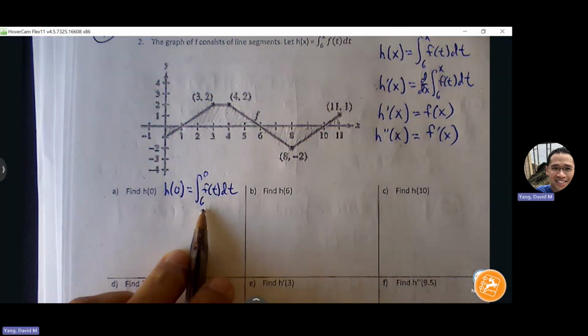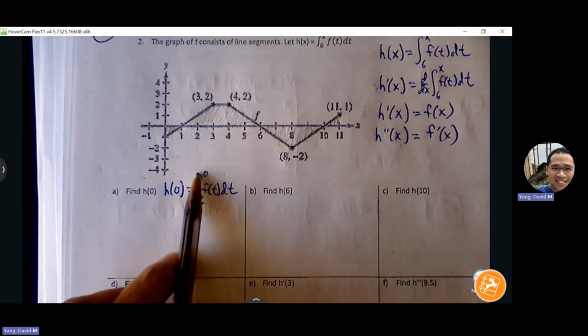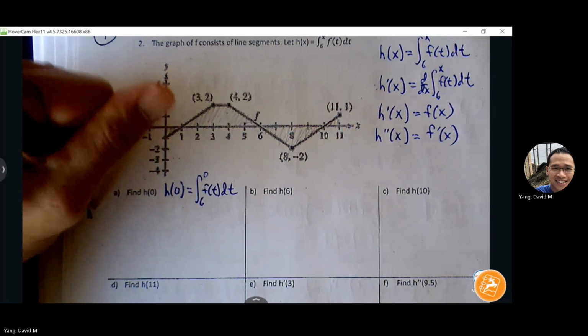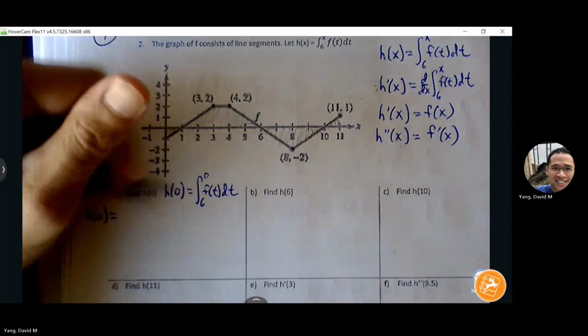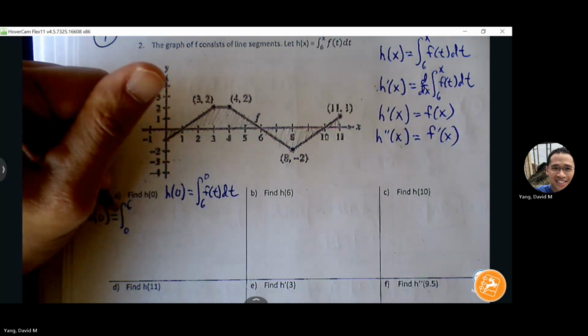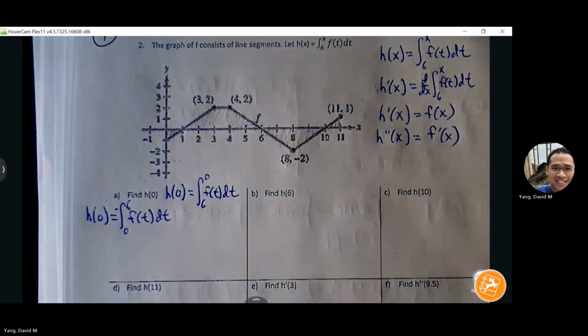I want to read the graph from left to right, so I prefer my bounds to be in order. Right, so it's just a bunch of triangles and rectangles.